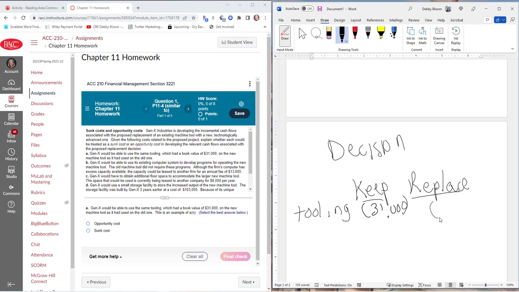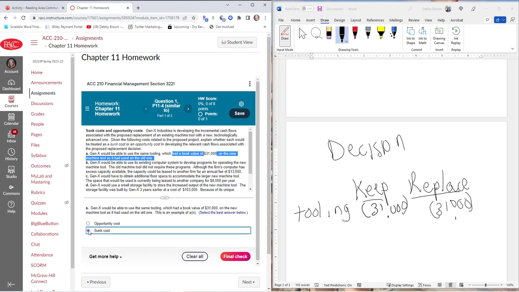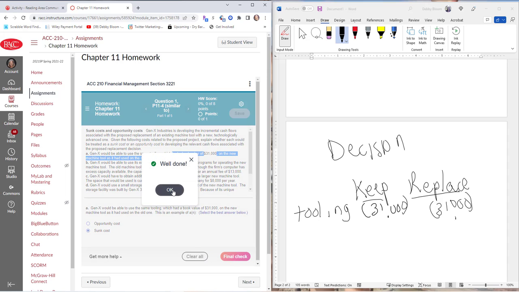If we replace it, we still spent the $31,000 in the past. Notice it said "which had a book value of $31,000." The word "had" tells you that is a fact that happened in the past, and it's not telling us that we would sell it, which in one case would be a difference. So in this case, this is going to be considered a sunk cost. So A would be considered a sunk cost.